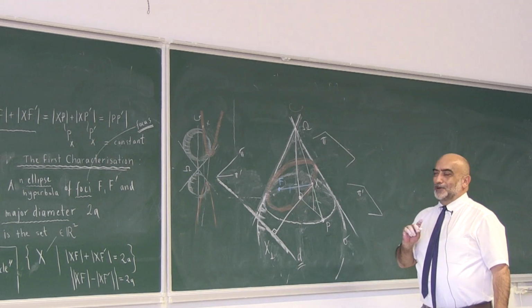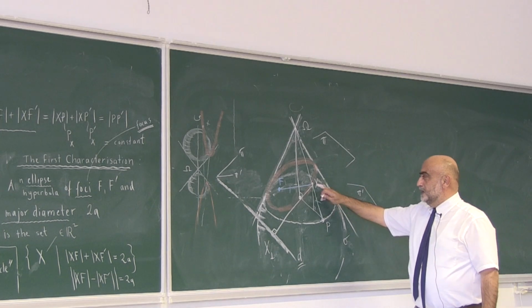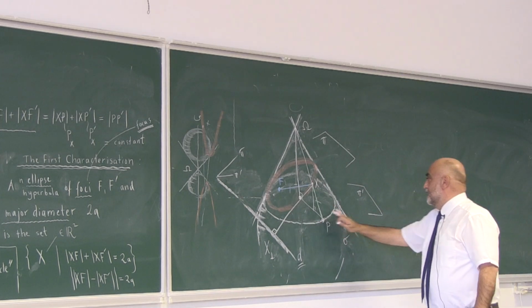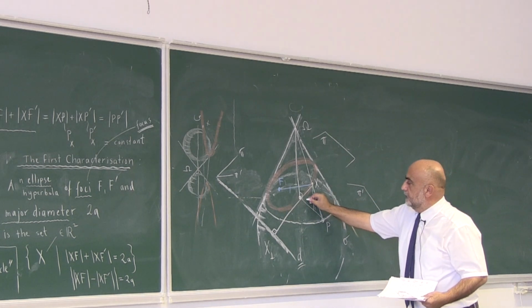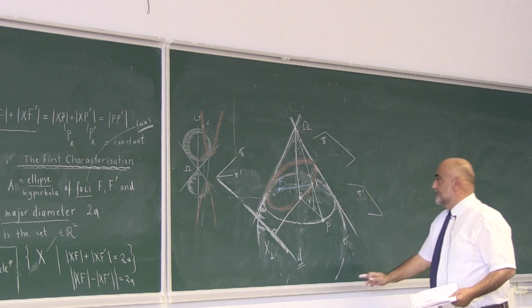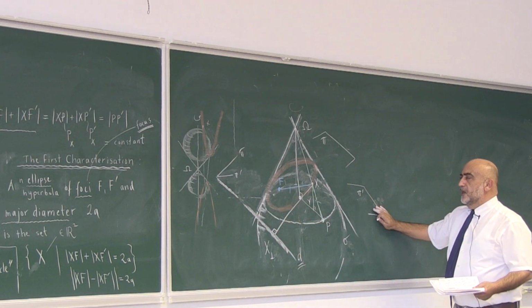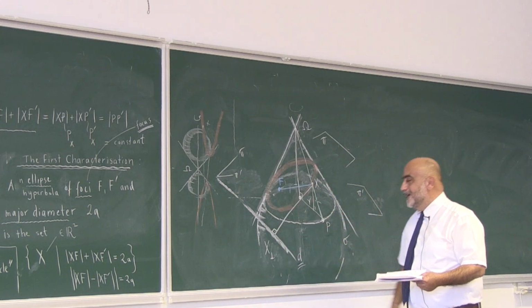I invite you to remember your three-dimensional elementary geometry. You've got a point outside the plane pi prime. You drop a perpendicular. The foot of the perpendicular is, let's say, Y. And there is a straight line inside the plane pi prime, and you drop a perpendicular from the very same point onto the line.